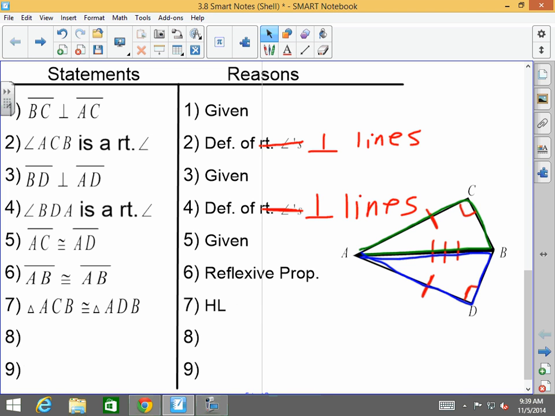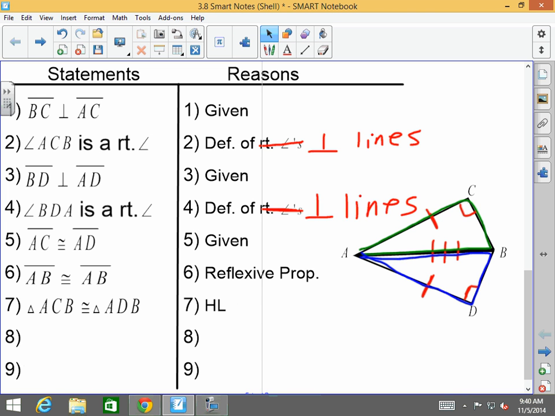You have a shared hypotenuse, which is congruent to itself, AB, and you have a corresponding congruent leg, AC and AD. That's HL. You do not need to prove that the right angles are congruent. And anyways, it wouldn't help you here because then you'd have ASS. And ASS is not one of the congruency postulates, gentlemen.